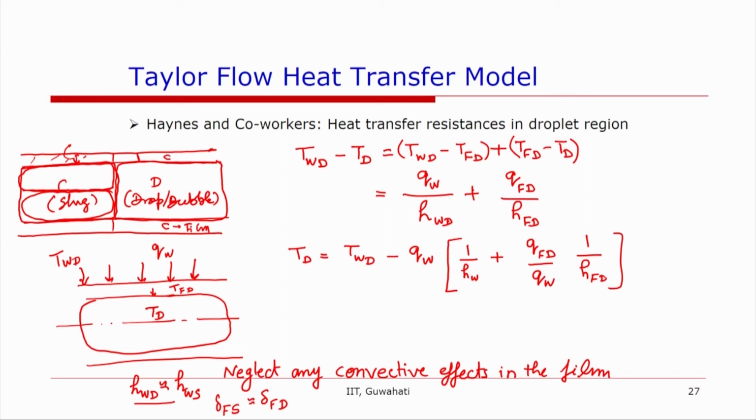What we have done is we have taken TD on this side and wrote like this: TW minus QW has been brought out. So, 1 over HW, we have just approximated this HW, dropped D subscript here, plus QFD over QW, because QW has come out. So, we have a QW in the denominator into 1 over HFD.